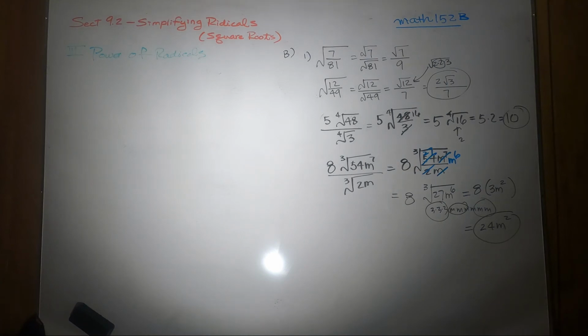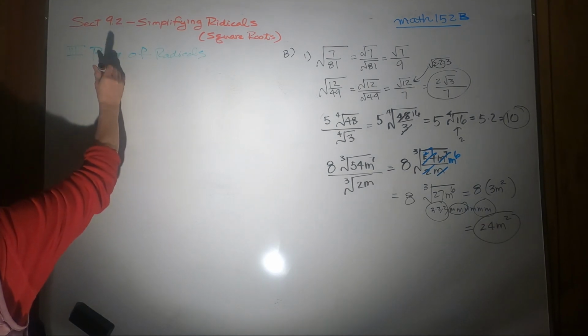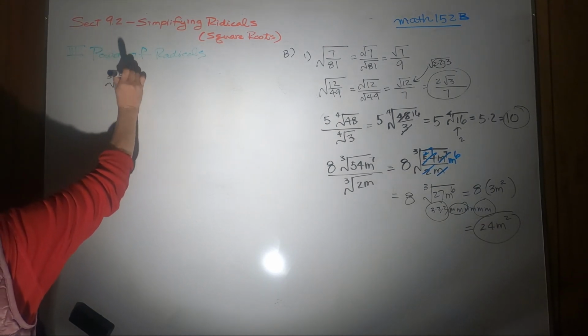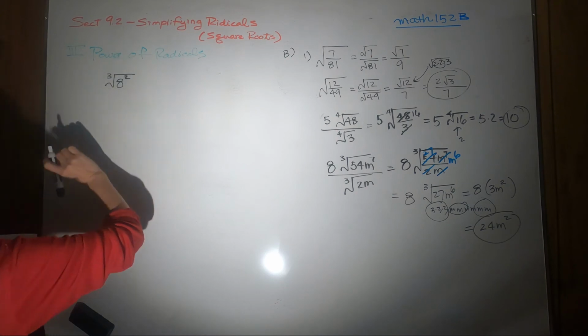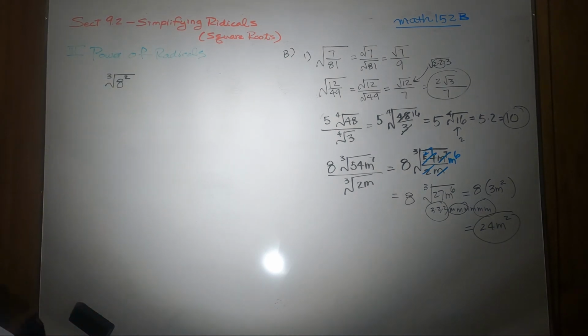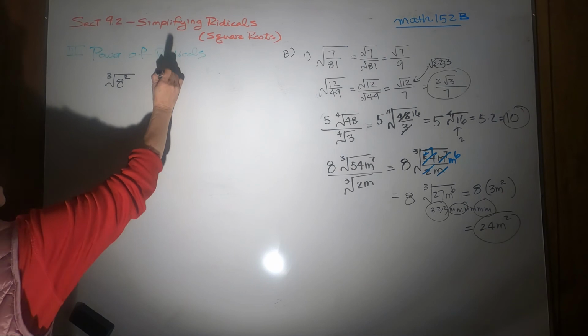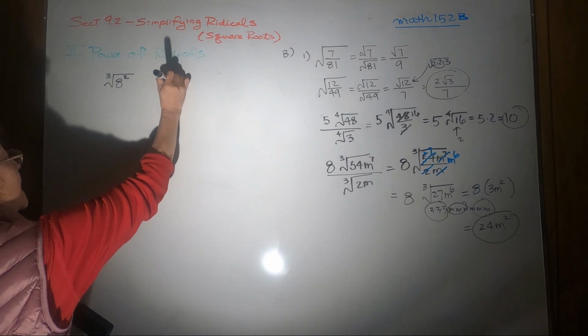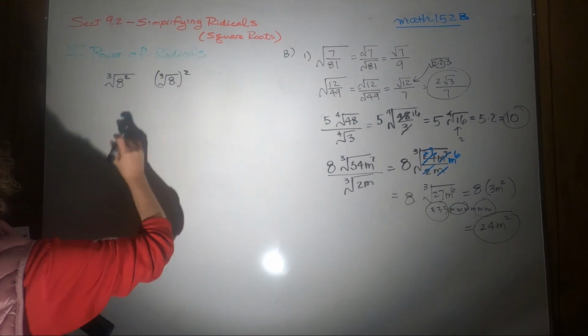All right. So, we are going to take powers of the radicals. So, let's observe some examples. So, if I have the cube root of a squared, or I have the cube root of 8, take a square.